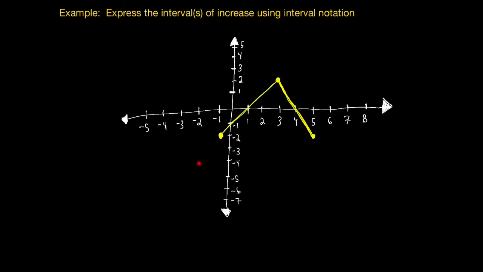So here, let me actually create those breaks. You can see that my break is going to end right there, and it's going to begin right here. So I'm going to highlight this in red. This represents an interval of increase. Now I have to represent this interval using interval notation.